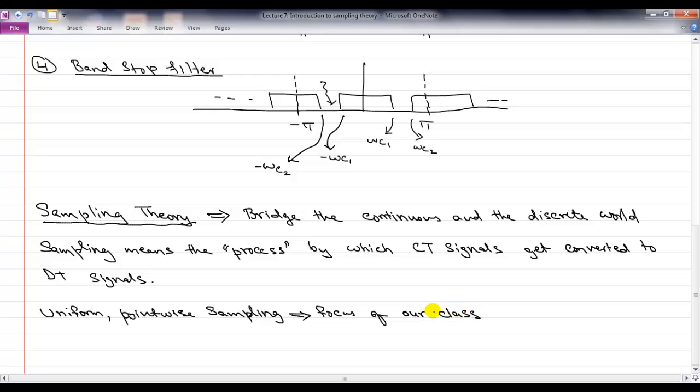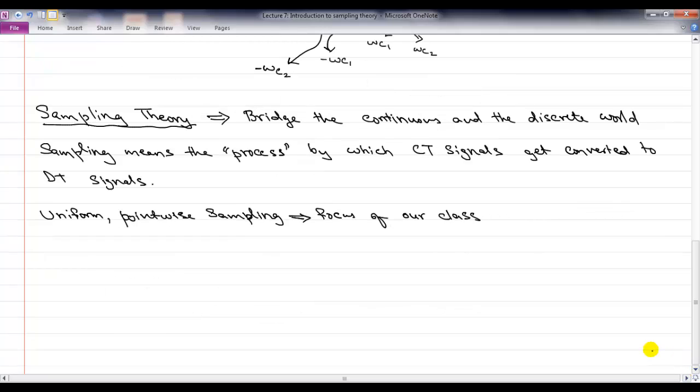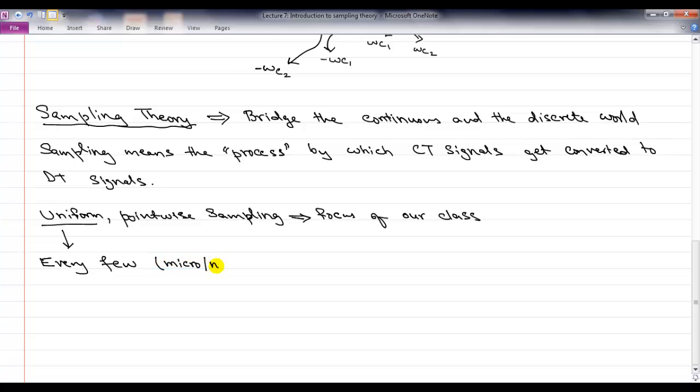Okay. So what does uniform pointwise sampling mean? Let's try to understand this word. So uniform means that every few, so it could be micro, milli, or any other prefix, every few seconds, it's the same operation that you are doing every few seconds.